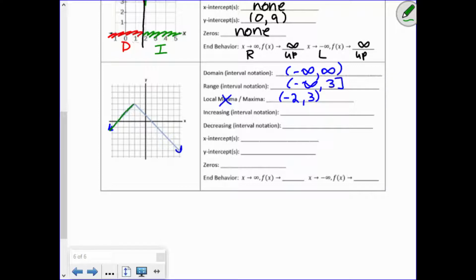Okay. Alright, now we're going to do increase, decrease. This part going up, this part going down. So highlight the different sections, whether it's going up or going down, and then take a black or just a plain color and draw a line straight down through where the color changed. And then you're going to shade the x-axis and label whether it's increasing or decreasing.